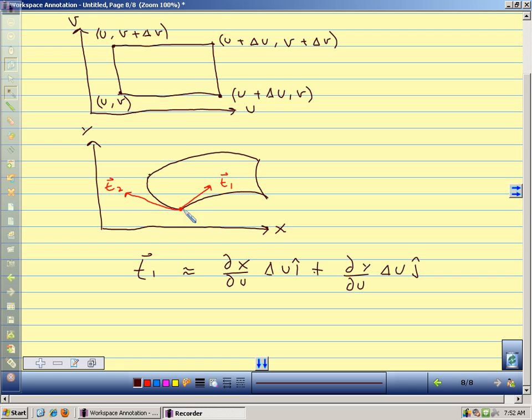So as I move from u to u plus delta u and v to v plus delta v, my tangent vector is approximated by this expression. That's what gives me the components of my tangent vector.